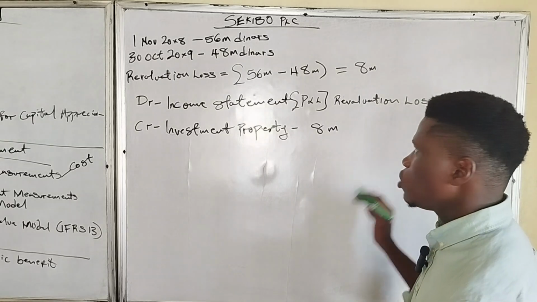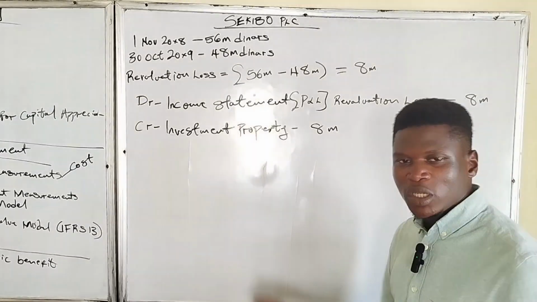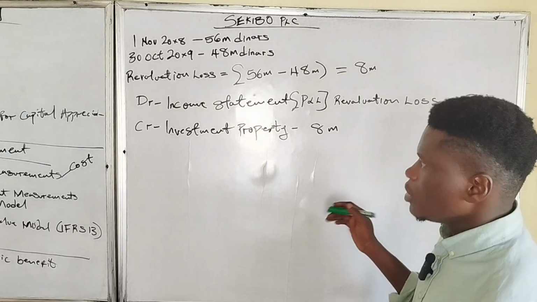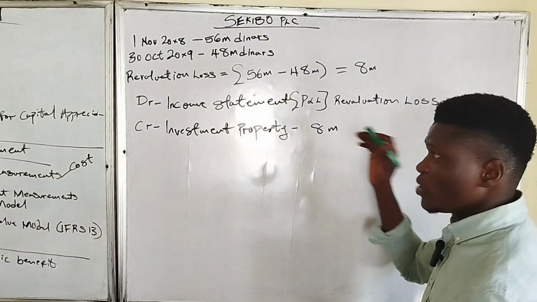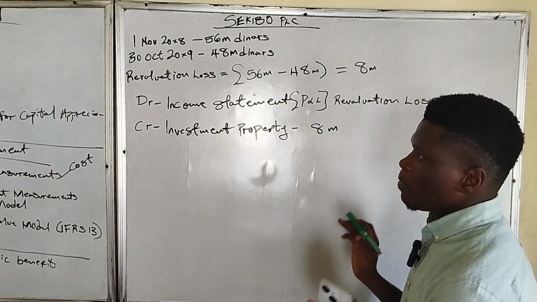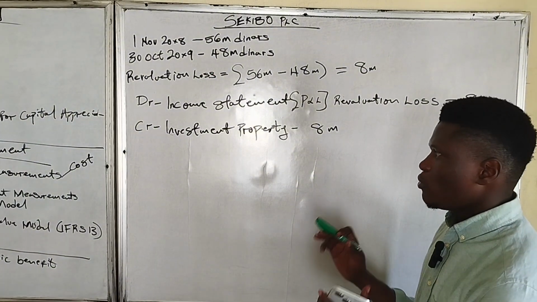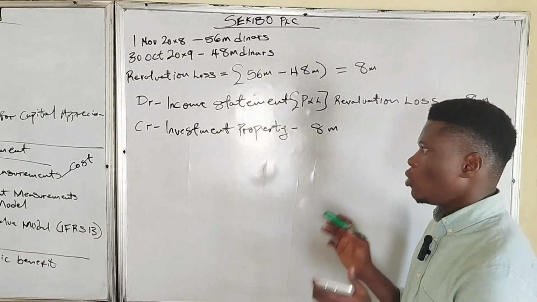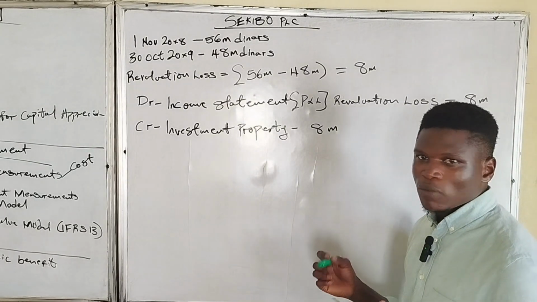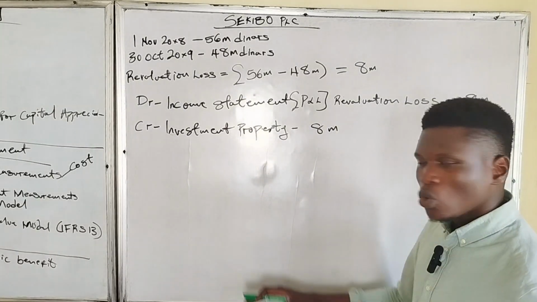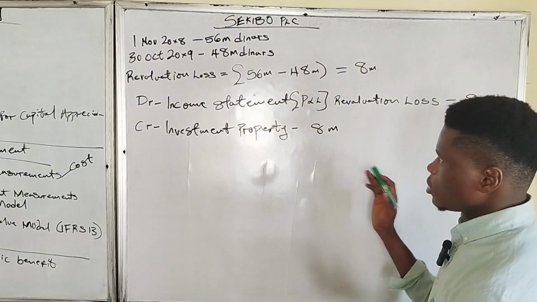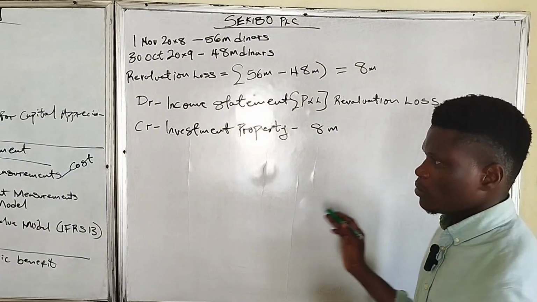Then you must also state your method of revaluing this asset. And lastly, you must also disclose your rental income. If that building or land was held for rental income, meaning that you hold it to be receiving rental income, you must disclose the rental income gotten from such investment property.